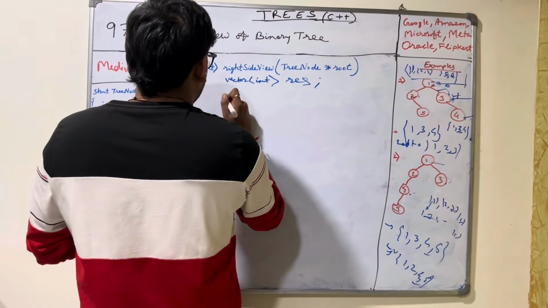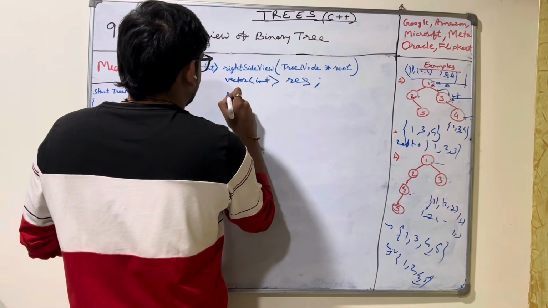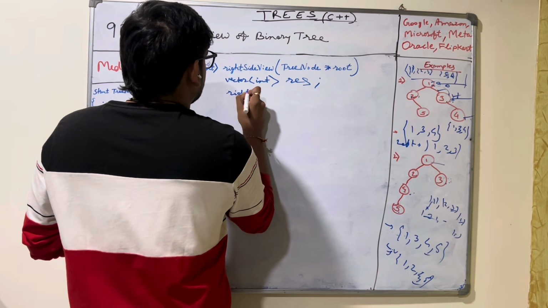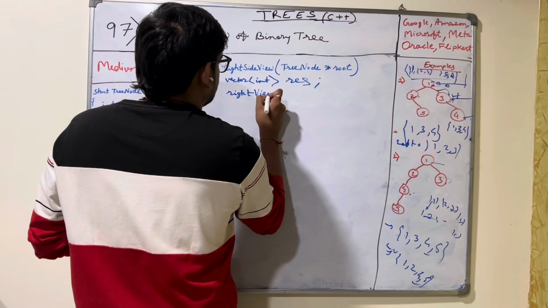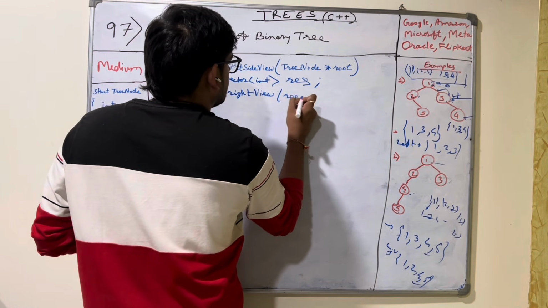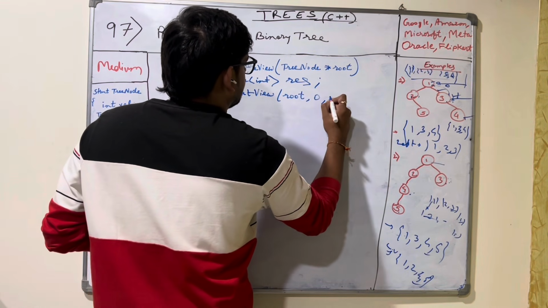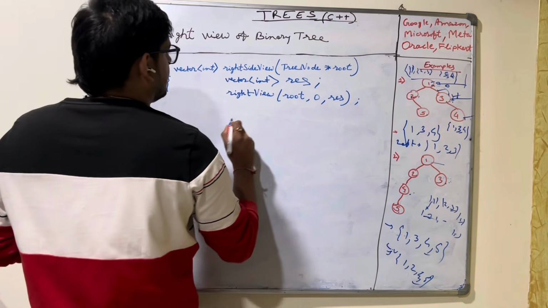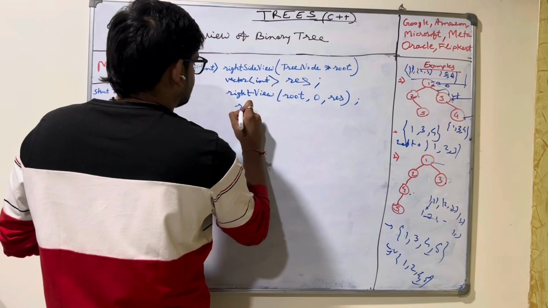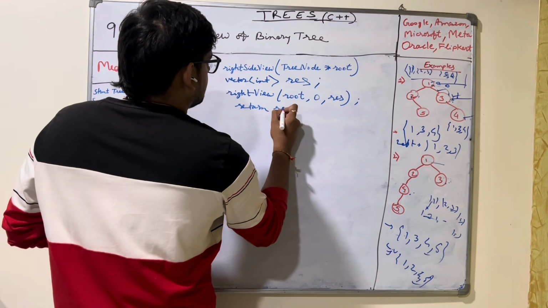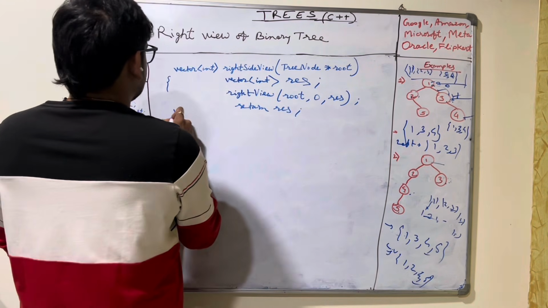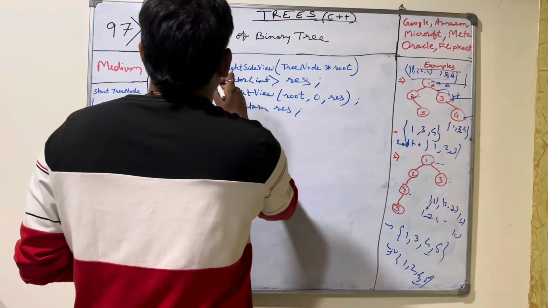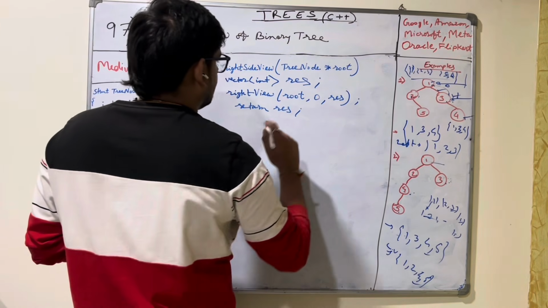What I mean to say, we'll call a recursive function here, rightView, okay? And we'll pass root, we'll pass 0, and then we'll pass this result, okay? And then after this, we will return the result. So this rightView will give us the expected vector of result.